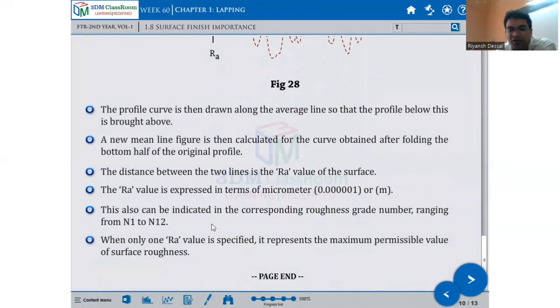This can also be indicated by the corresponding roughness grade number, ranging from N1 to N12. For N1 to N12 there are roughness values given, and accordingly you can make the surface finishes. Now see, when only the RA value is specified, it represents the maximum permissible value of rough surfaces.